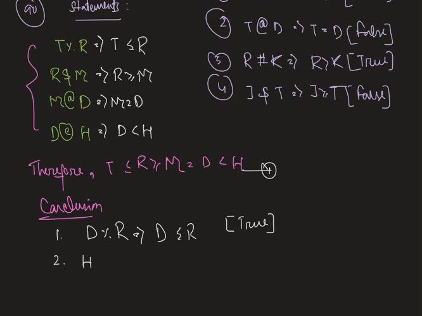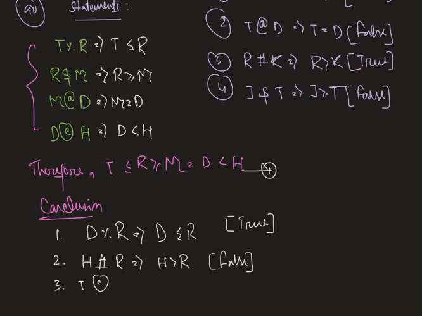Now let's see the next one. H hashtag R, this implies H is strictly greater than R, and this is a false conclusion. Now let's see the third one.